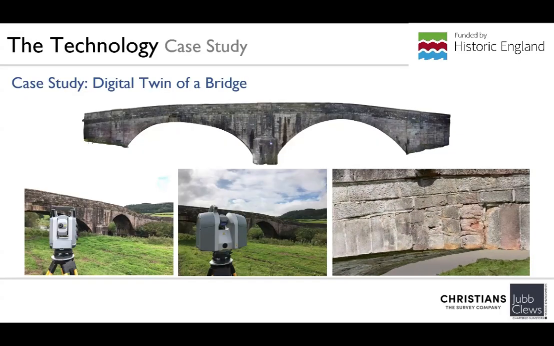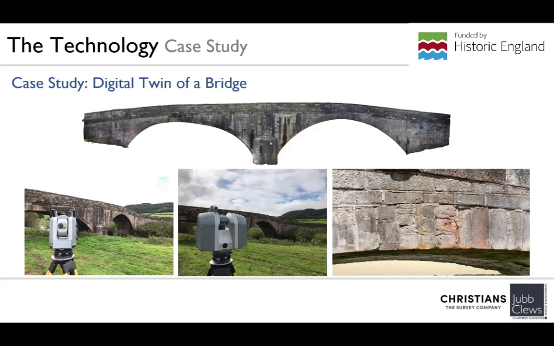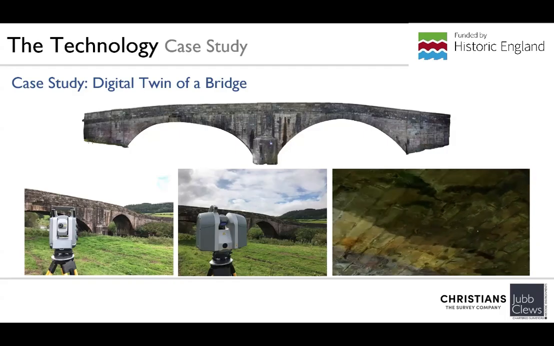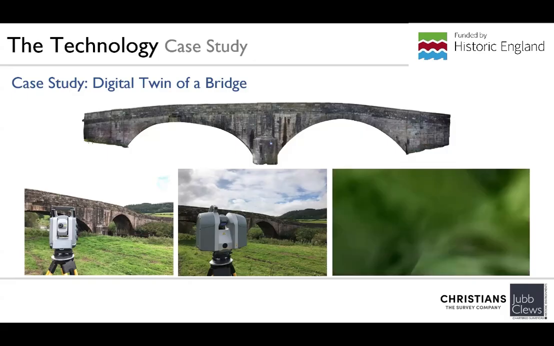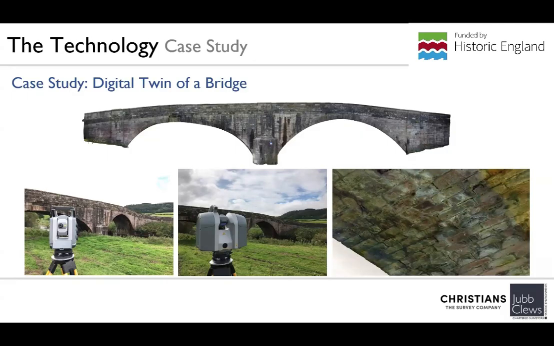A drone survey was carried out, capturing high-resolution images from multiple angles to generate a true-to-life digital representation of the bridge. The resulting deliverables enabled the client to conduct a detailed desktop survey, identifying even the smallest defects.